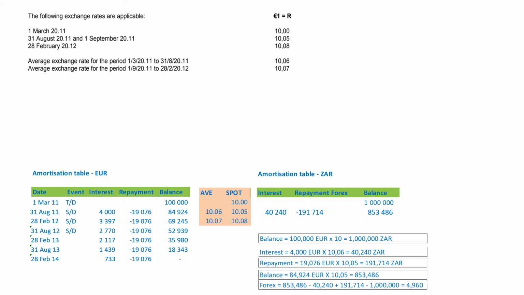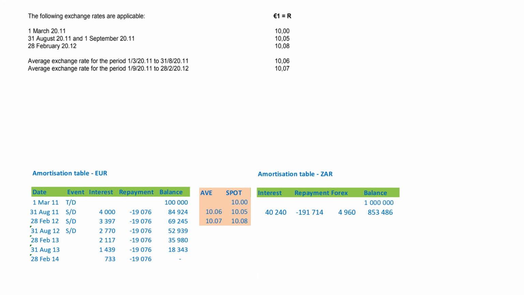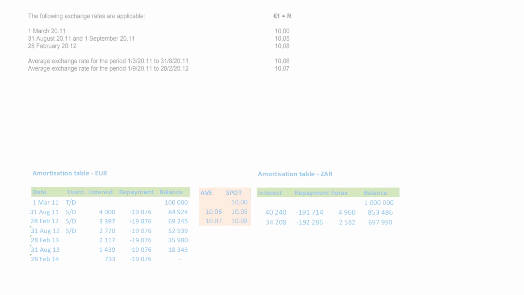Your balancing figure will then be 4,960. And you get this by taking your closing minus your interest plus your repayment less your opening to give you 4,960. You'll apply this exact same logic as at 28 February 2012, and that will be important because you will need this information over here.